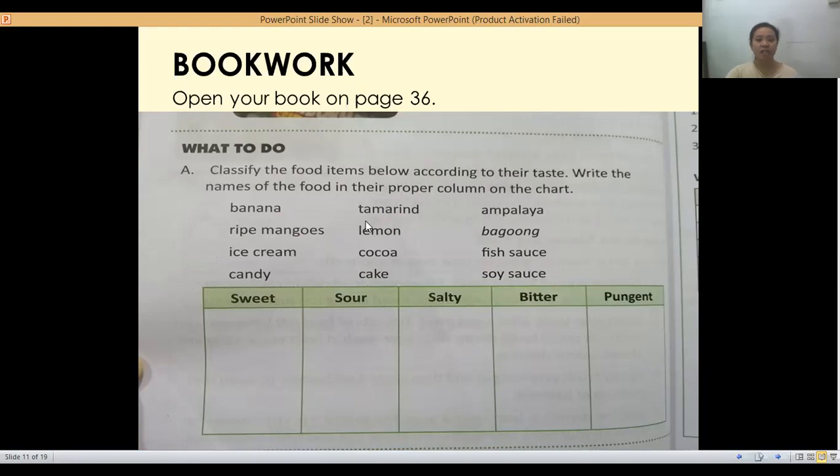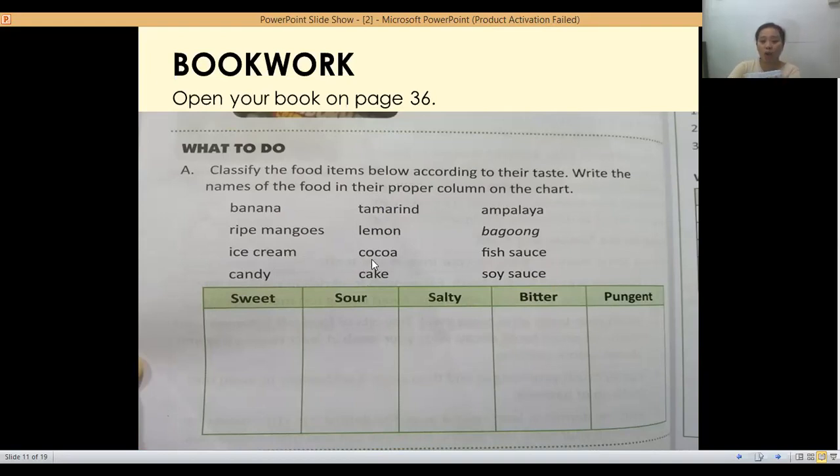Next, tamarind. Sweet, sour, salty, bitter, or pungent. Next, lemon. Sweet, sour, salty, bitter, or pungent.